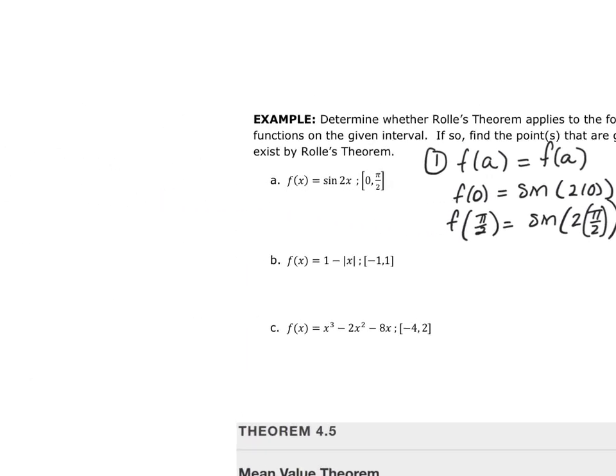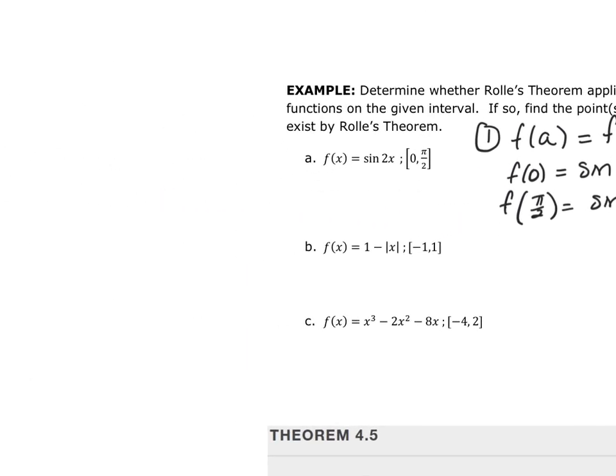So everything is satisfied here, so let's go ahead and find the c value, the value in which my derivative is equal to 0. So f prime of x is equal to the cosine of my angle multiplied by the derivative of my angle. So I have the cosine of 2x, times 2, is equal to 0 because I need to have this set equal to 0 to solve.